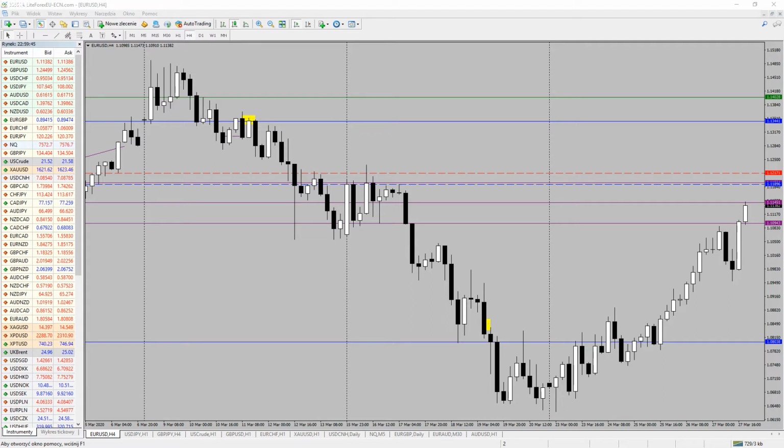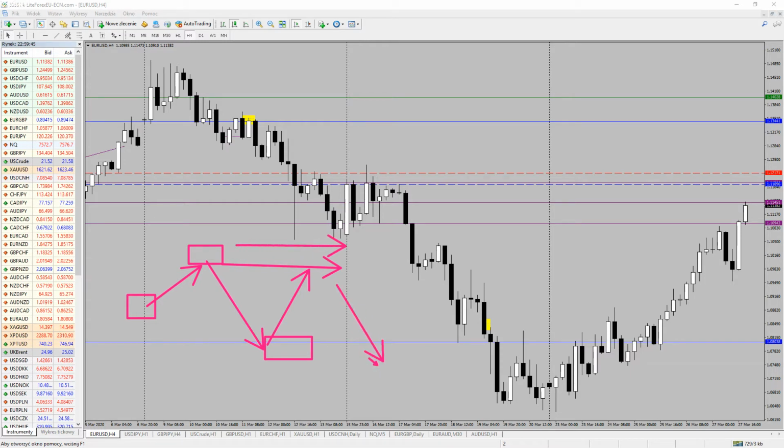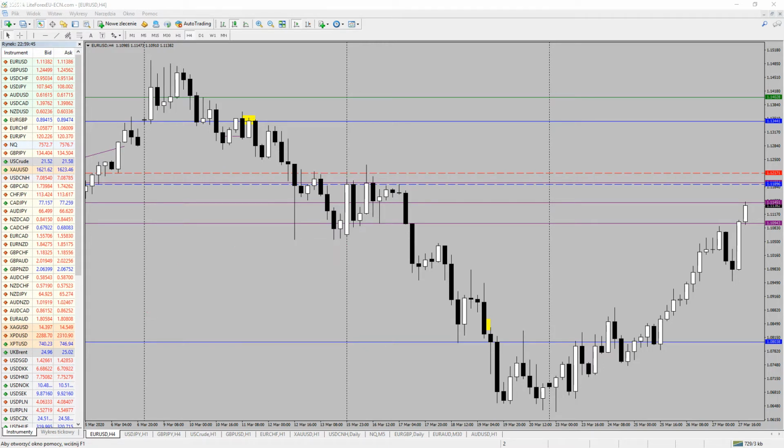previously we were talking about base, rally, drop, right? So in that case, it was the attempt to move higher, then the market decided to go lower. Of course, we took out the previous demand, and then depends how we approach this supply, there was a possibility to join the supply side, right?